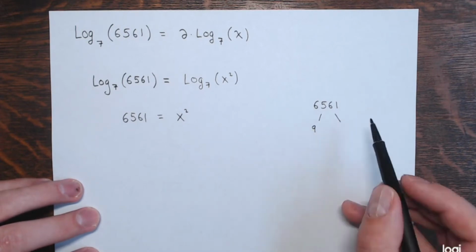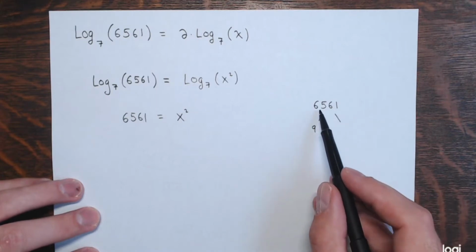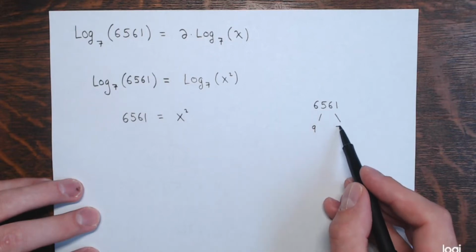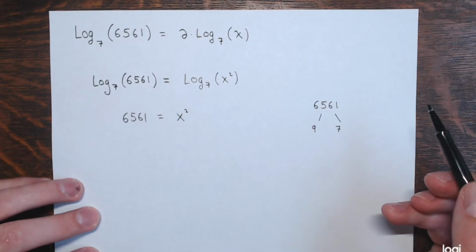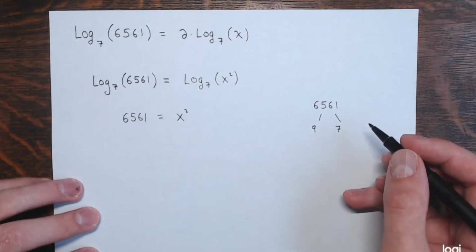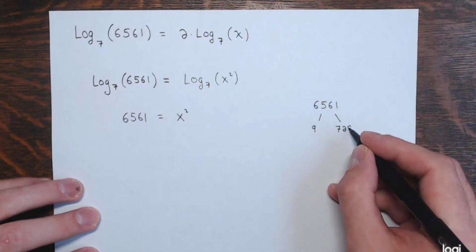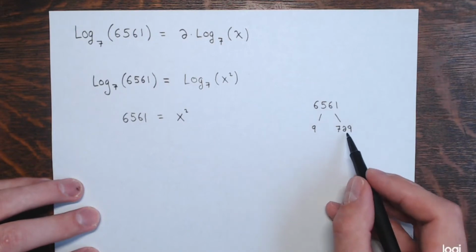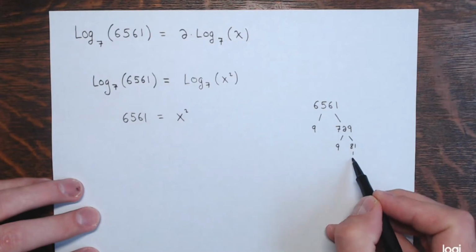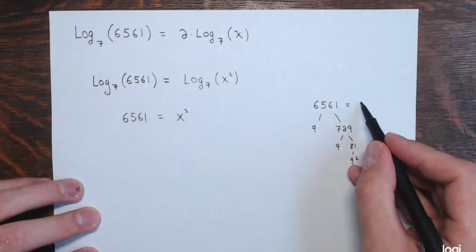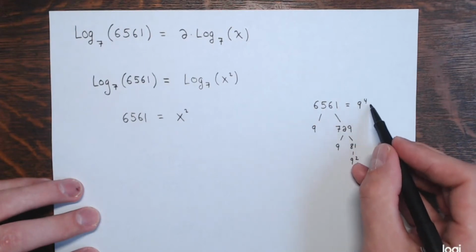That'd be 9 times 7 for 630, 6,300, sorry. I need a 261. 261 left over would be 29, 729. This is also a multiple of 9. This would be 9 times 81, and this is 9 squared. Geez, okay, so this is 9 to the 4th, which would be a square.